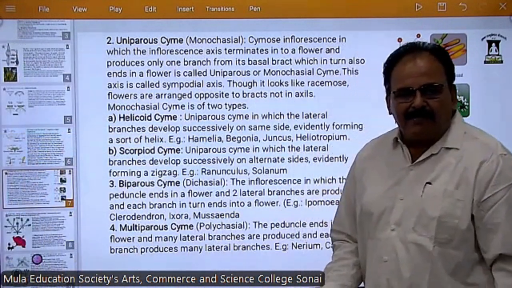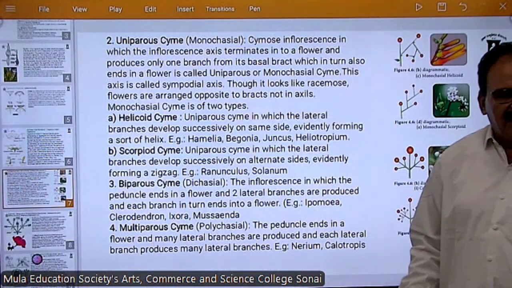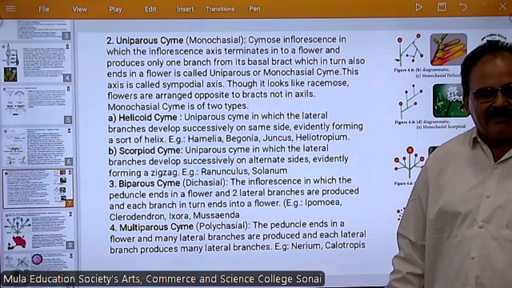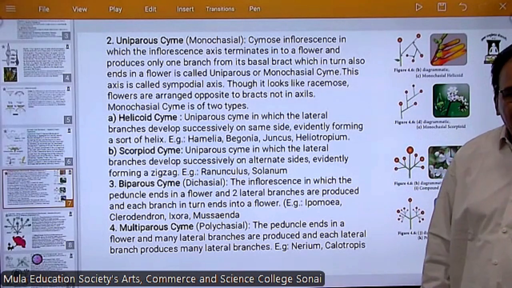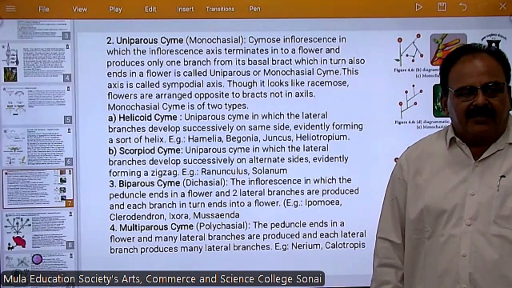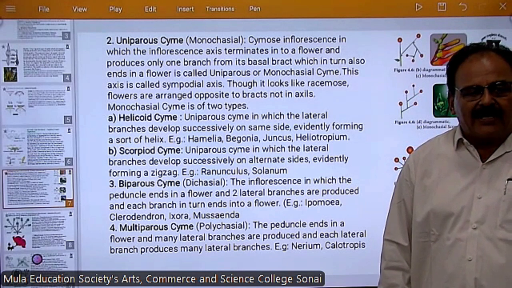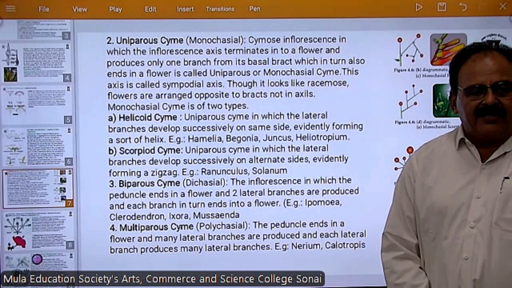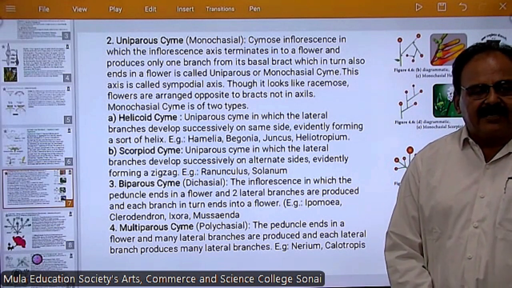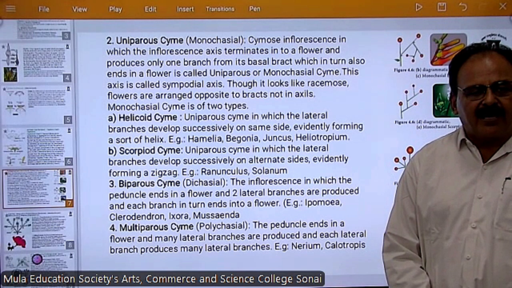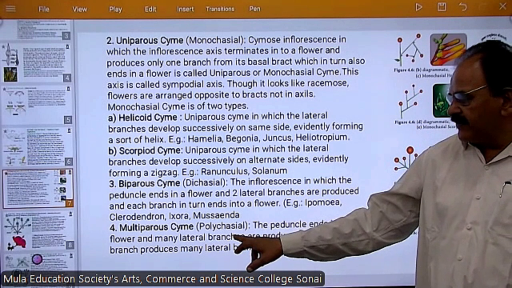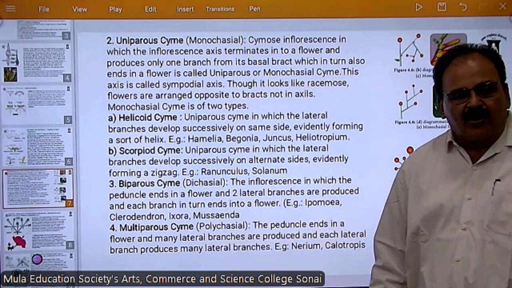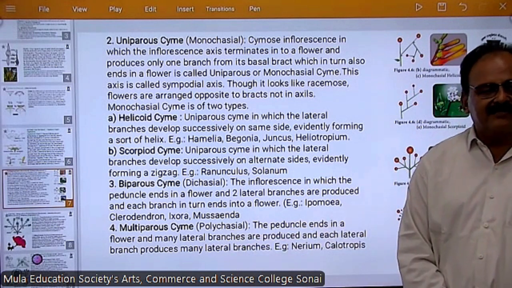Third one is biparous. Biparous cyme or dichasial. The inflorescence in which the peduncle ends in a flower and two lateral branches are produced, and each branch in turn ends into a flower, for example, Ipomoea, Mussaenda. Then the fourth type is multiparous cyme or polychasial.